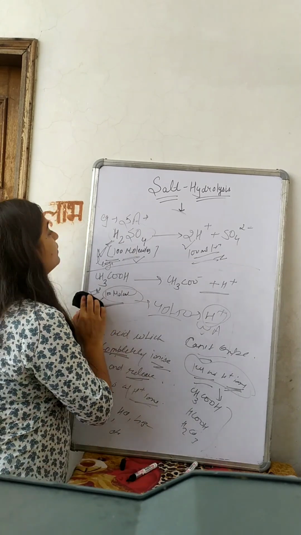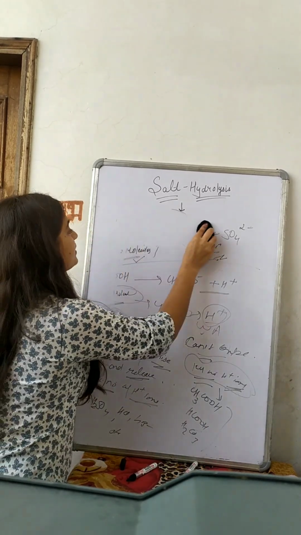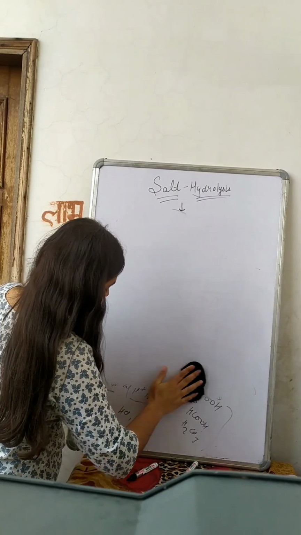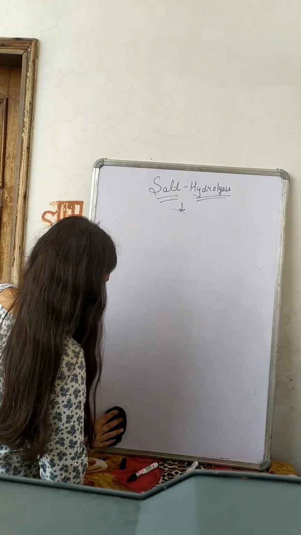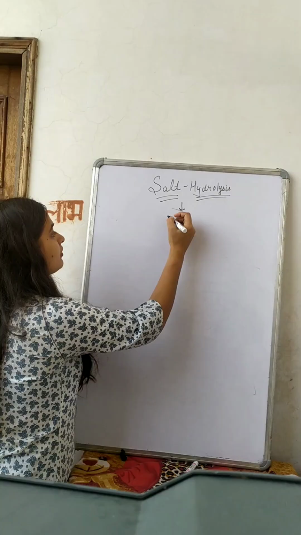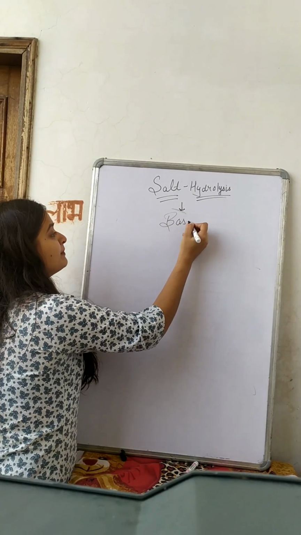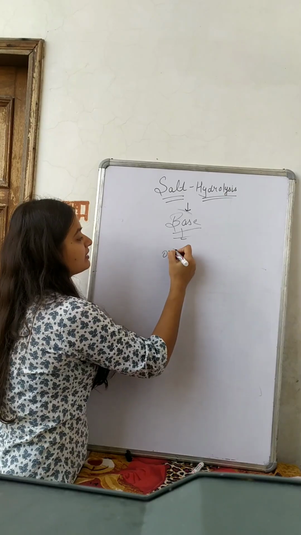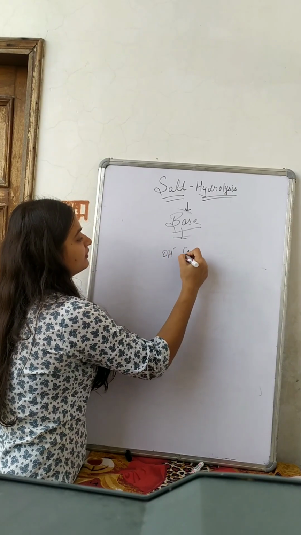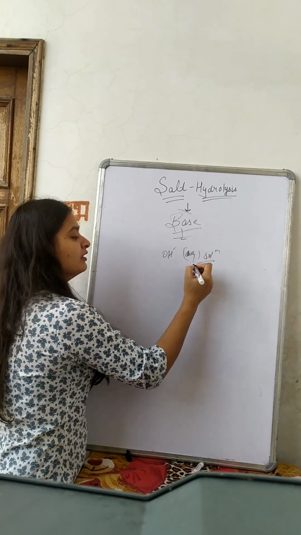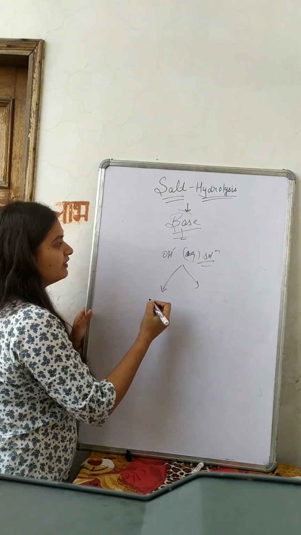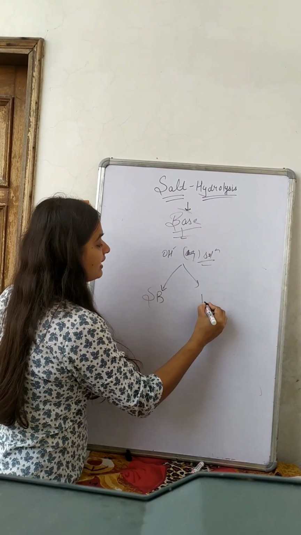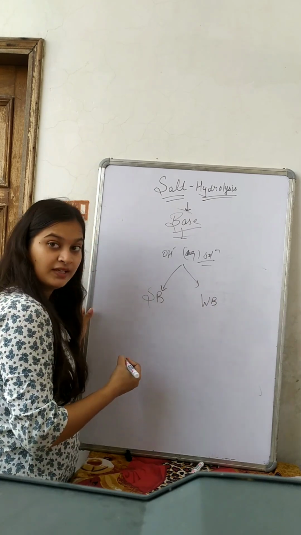Okay, so now let's discuss the concept of the base. Base basically means which releases OH negative ions in its aqueous solution. In the same manner, we can classify bases into two categories: the strong base and the weak base.